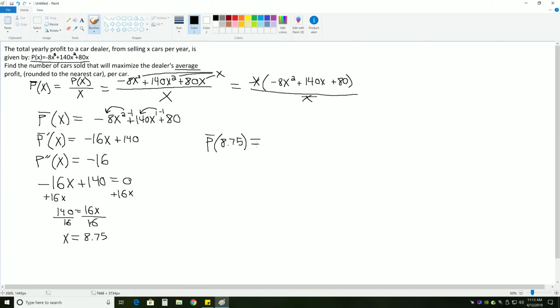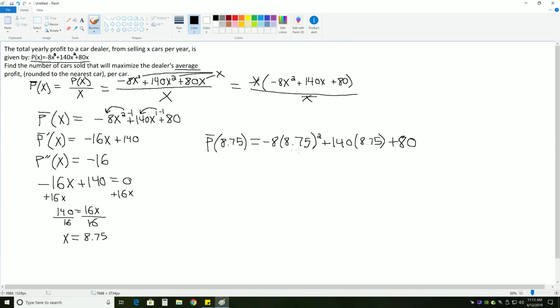And when we're plugging this in, we're doing this because we need to make sure that the result is a real number. We don't actually care what the result is because we were never told to maximize the average profit. If we did want to maximize the average profit, this is what would do it. But all we care about is deciding if this is a real answer, meaning we can't get an imaginary number or division by 0 or anything like that.